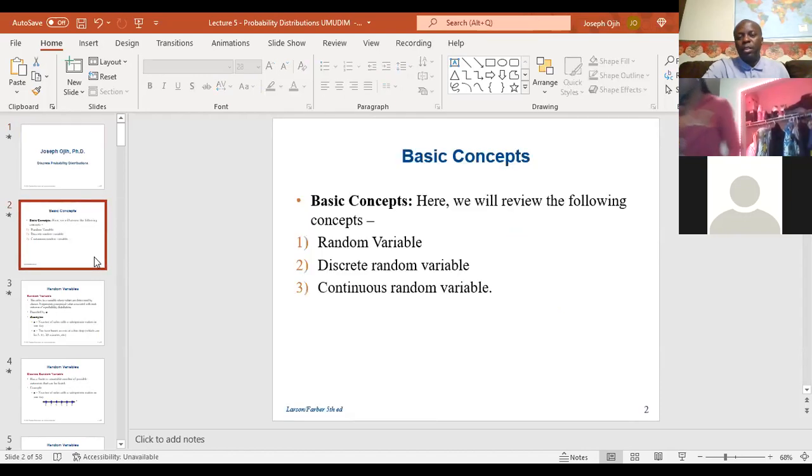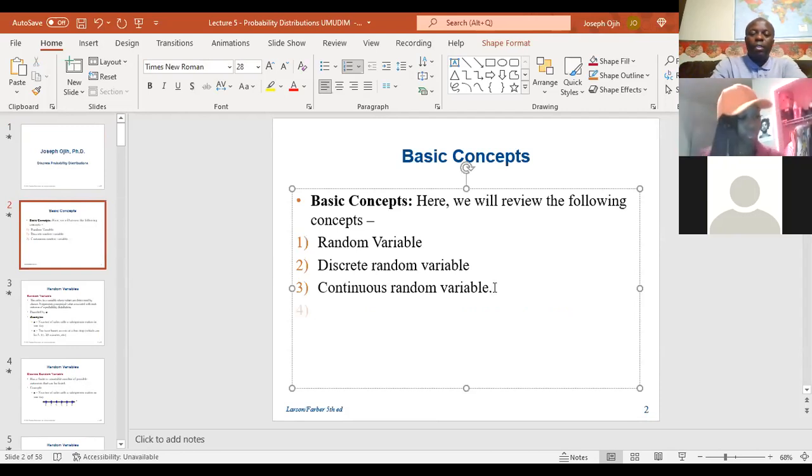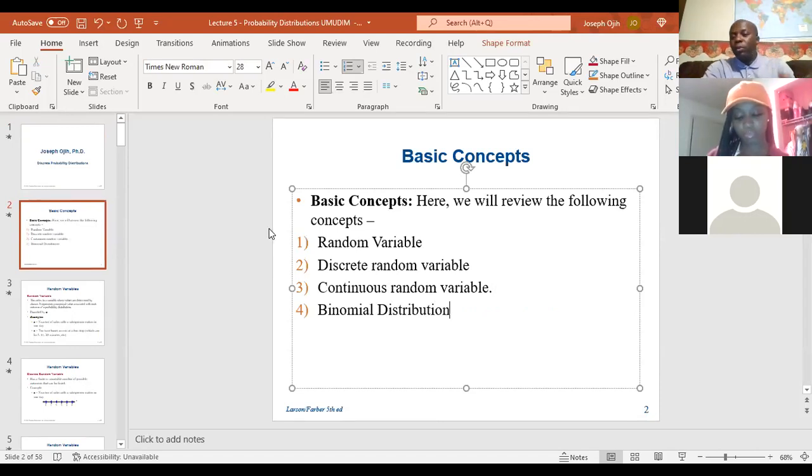So for tonight, we'll be covering random variable, discrete random variable, continuous random variable, and then after that, we can look at one discrete probability distribution, the one that we call binomial distribution. There are other types, like Poisson distribution, but we will stick to binomial distribution.